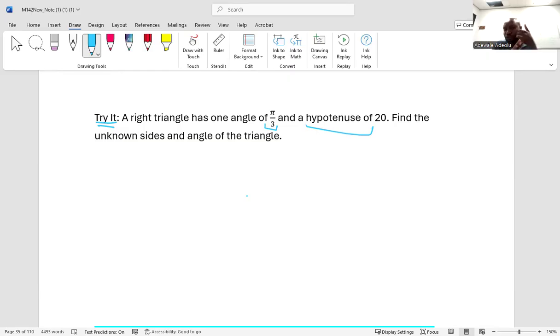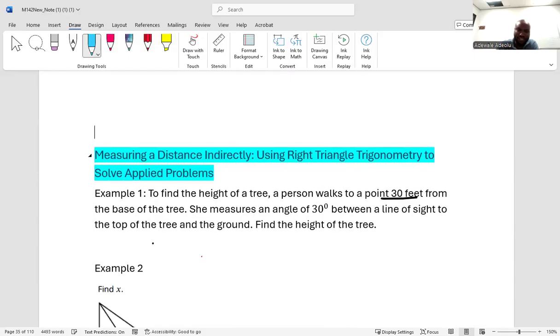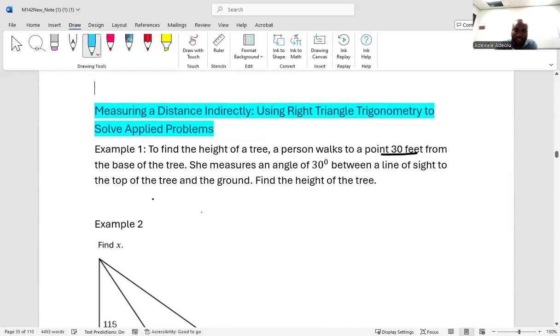So you should be able to draw a right triangle, identify the angle 90 degrees, then label one of the remaining two angles pi over 3. And then you can identify the hypotenuse and find the other sides that we don't know and the other angle, which is easy to find. Okay, moving on.